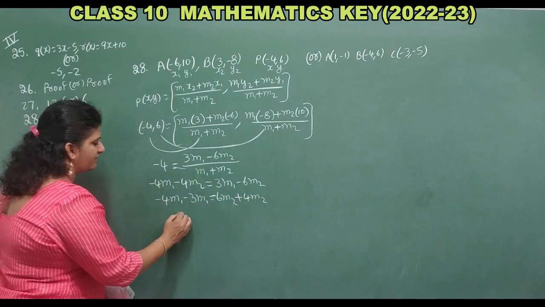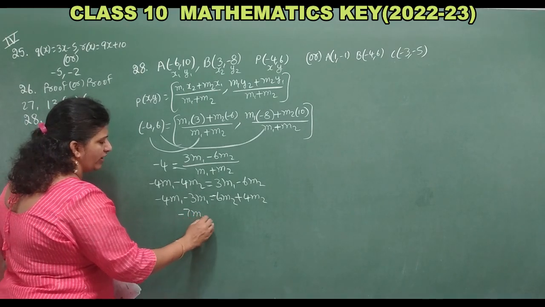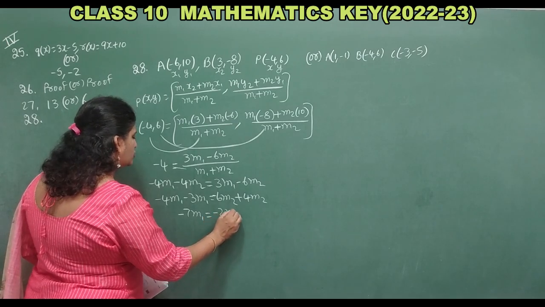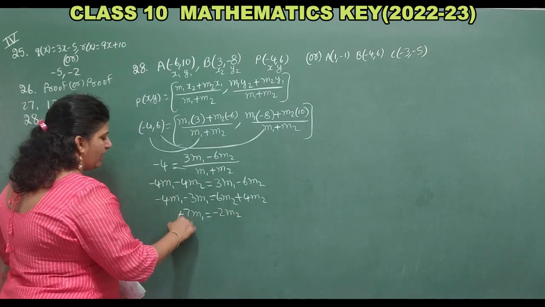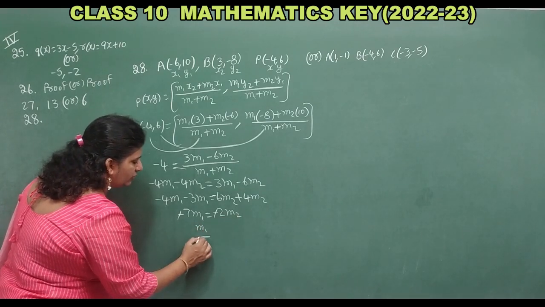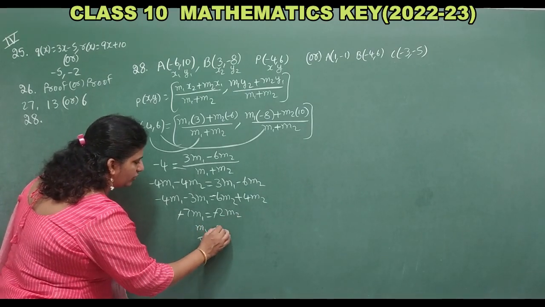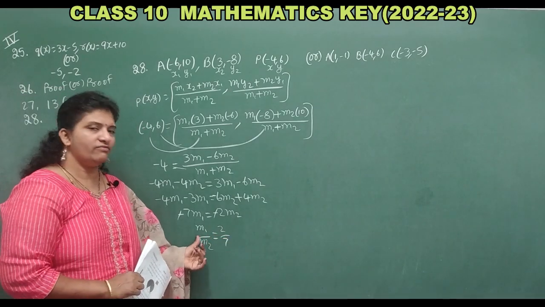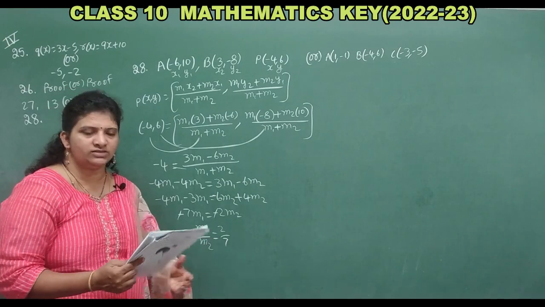Minus 4 minus 3 will be minus 7m1, and here minus 6 plus 4 will be minus 2m2. Minus minus cancel. Bring this m2 other side, m1 by m2 is equal to 2 by 7. Therefore, what is the ratio? m1 is to m2 is equal to 2 is to 7.